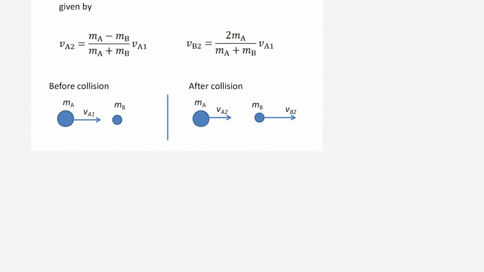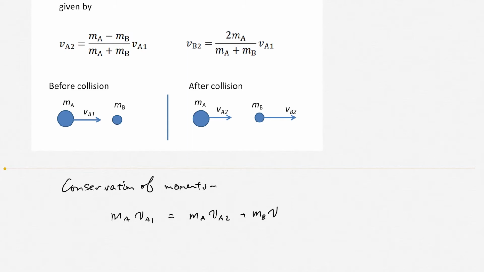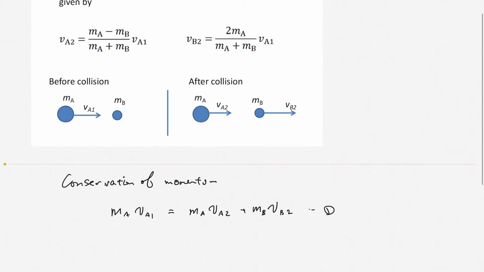First, we use conservation of momentum. Before collisions, m sub a, v sub a1 equals, after collisions, m sub a, v sub a2 plus m sub b, v sub b2. This is the first equation.